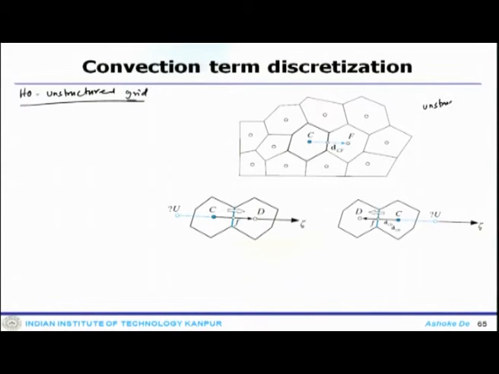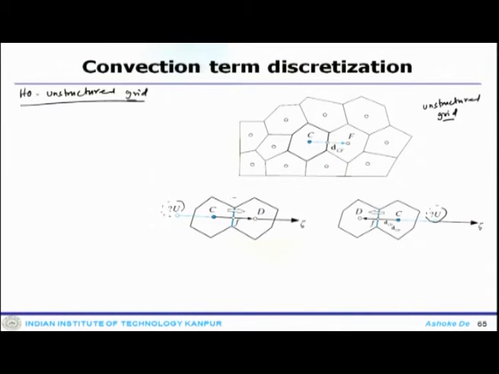Here you can see the upwind node C and F, connected with a distance, and we want to develop a higher resolution convection scheme given the velocity at the face in this direction and in the other case in this direction. What is important is how to find the information at the upstream node if the face velocity is in this direction, and when the velocity is in this direction, how to find this point.